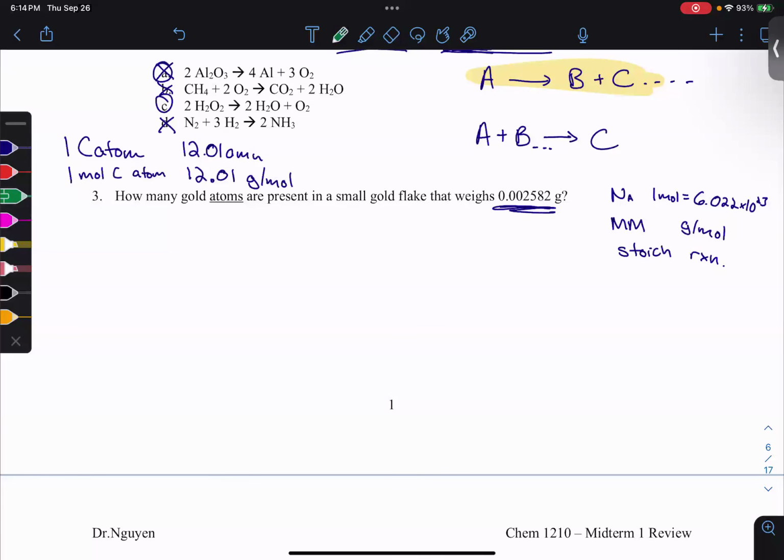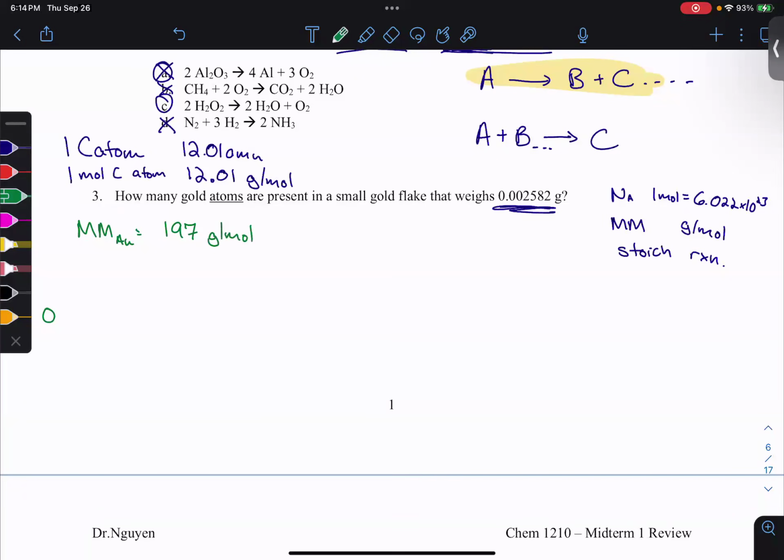So the idea here is you can weigh a sample amount in grams on a lab scale. And we can relate that to the amount of matter we have by using its molar mass and our Avogadro's conversion. So if you look up gold, gold has a molar mass of 197 grams per mole, right?